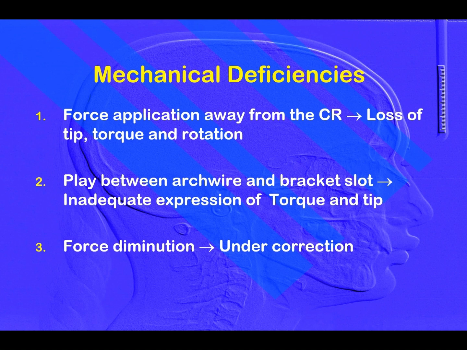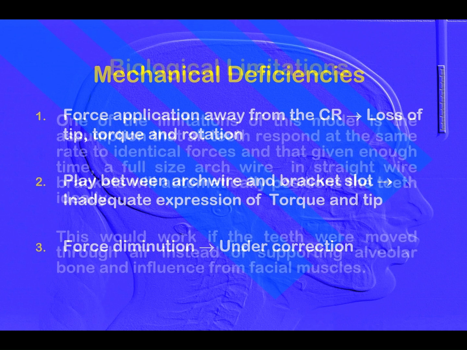As the force is applied away from the center of resistance, it leads to loss of tip, torque, and rotation. Also, the play between the arch wire and bracket slot results in the expression of the first, second, and third order effects. Also, the force diminution leads to undercorrection of the malocclusion.